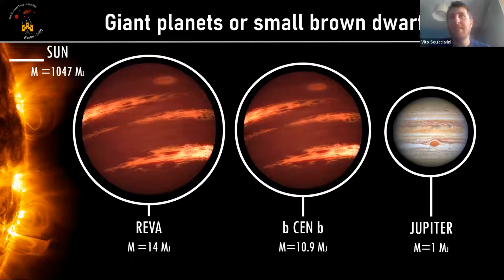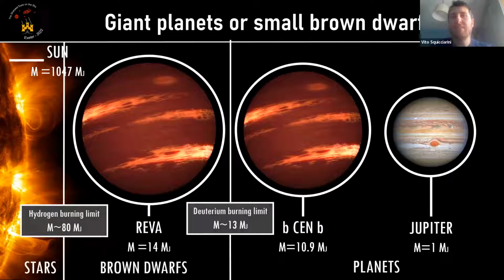But what are these objects? Are they giant planets or small brown dwarfs? We don't know, because if we use the classical boundaries that divide planets and brown dwarfs, we would say that b Centauri b is a planet and REVA is a brown dwarf. But of course their similar properties argue for a similar formation process.